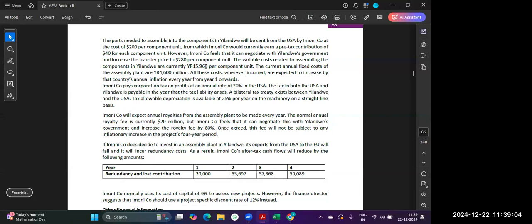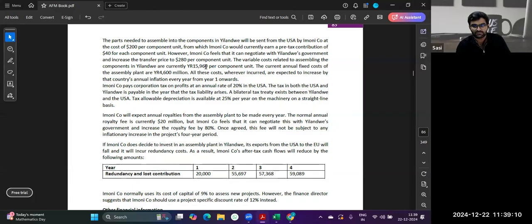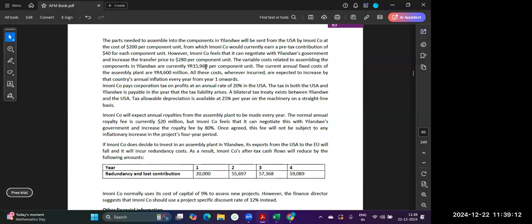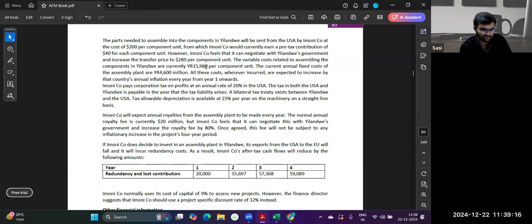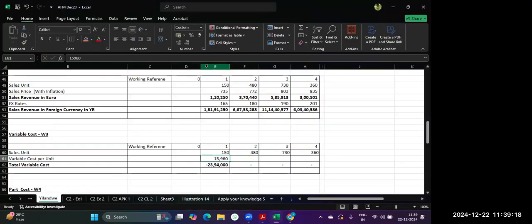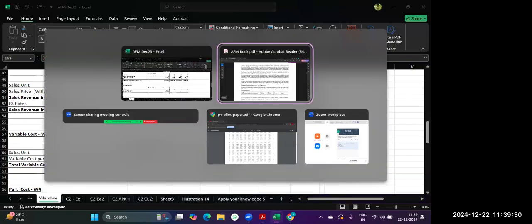It is expected to increase by the country's annual inflation every year from year one onwards. They have specifically mentioned that it will increase from year one itself. So what is the country's annual inflation?